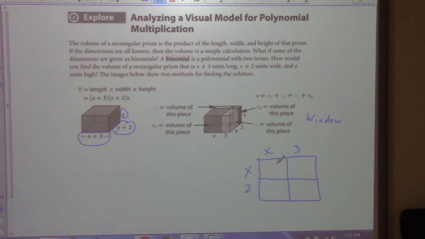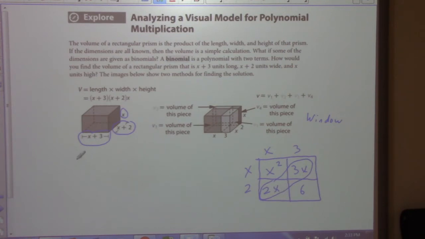So you take a row times column, so x times x is x squared, 3 times x is 3x, 2 times x is 2x, and 2 times 3 is 6. And then usually when you multiply polynomials together like this, they will be arranged so that you can combine terms diagonal from each other.